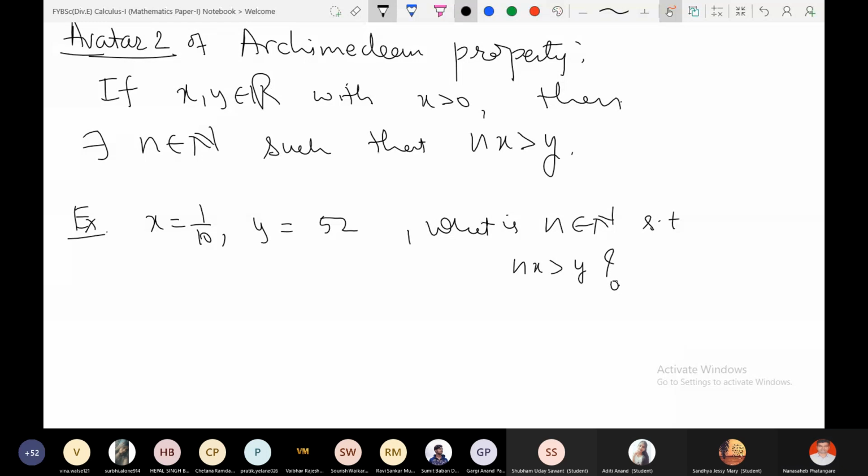Can you find such n? Yes, sir. N will be 521, greater than 520. So you can choose any n greater than 520, n equal to 521 or 525. Any number greater than this will serve our purpose. Is it clear?